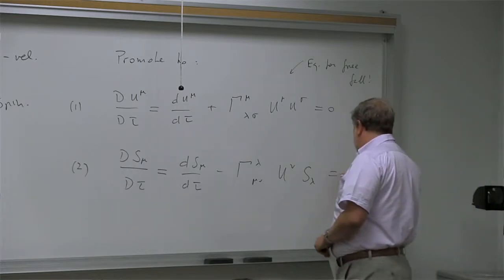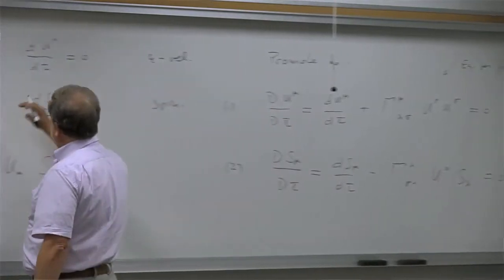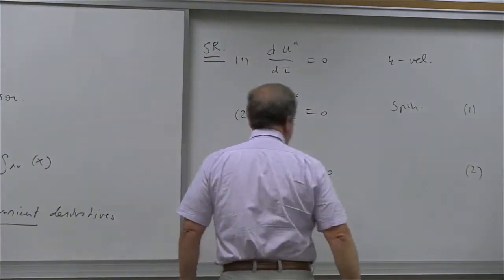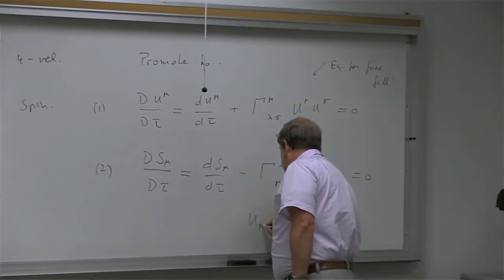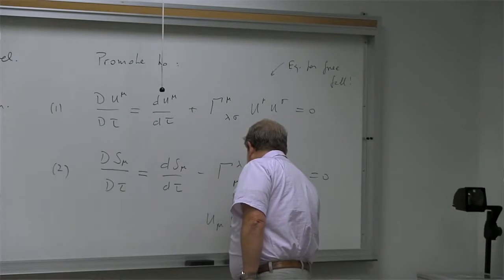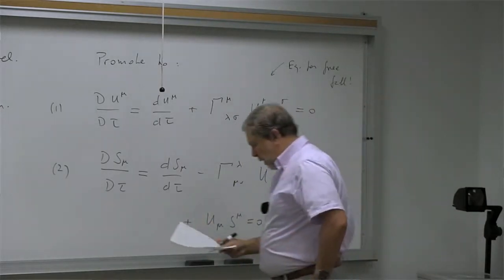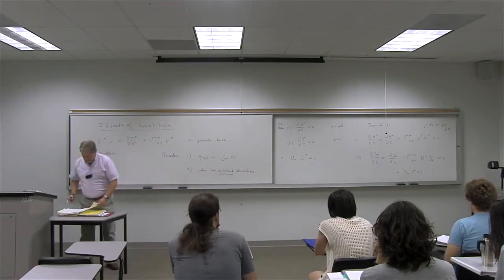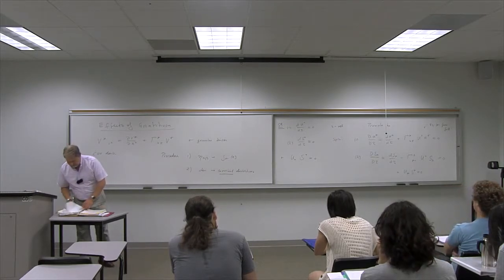This is also going to be equal to 0, and that replaces equation 1 here and the equation there. Of course, we also again have the constraint that u mu s mu is equal to 0, and we can enforce that as well. That's going to be the new set of equations which applies in arbitrary gravitational fields.